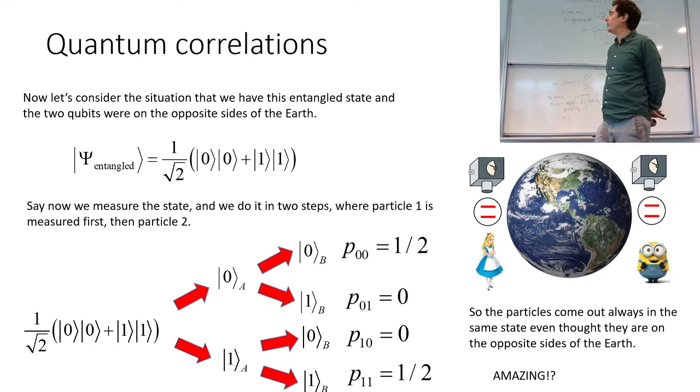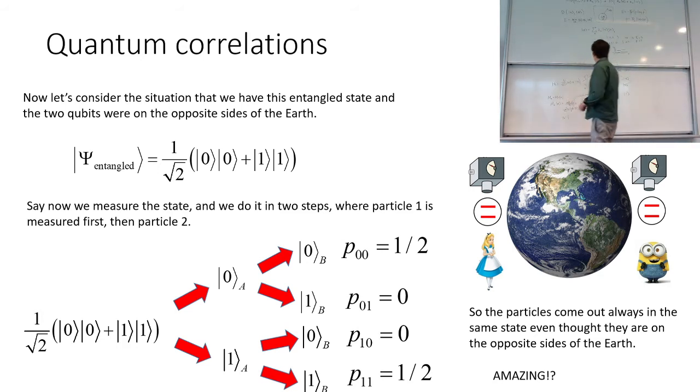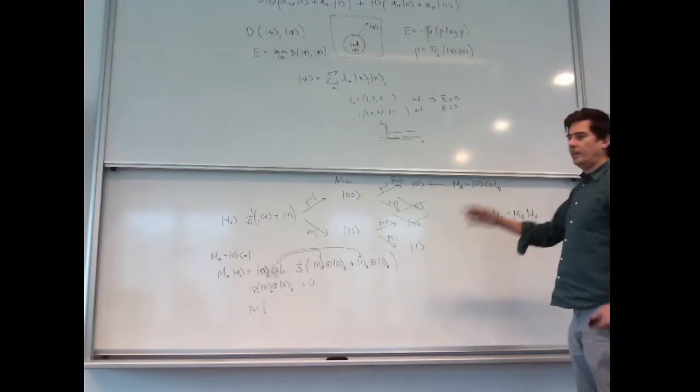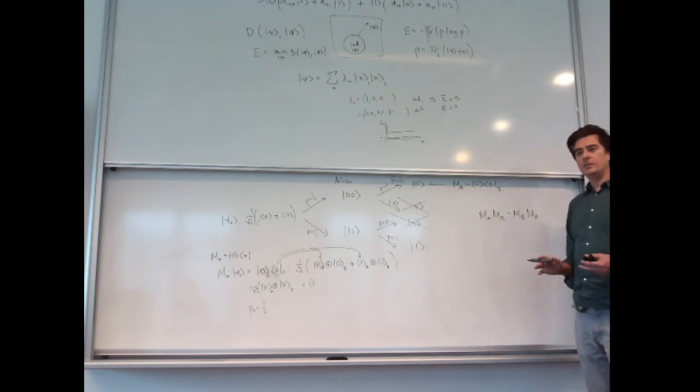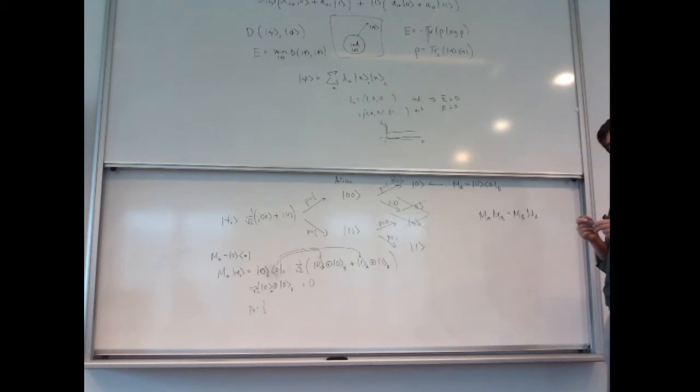No. You'll always get the same result, because these measurement operators of Alice and Bob, the measurement operator of this one, MB, because this is Bob's qubit, these operations actually commute because they're acting on physically different systems. So because these measurement operators commute, the ordering does not matter. So you always get the same result.